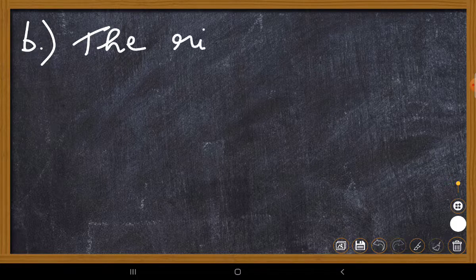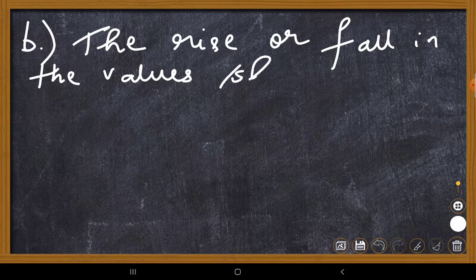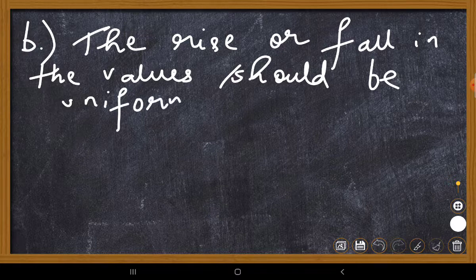The second assumption, number B, is that the rise or fall in the values should be uniform. So what does this mean?